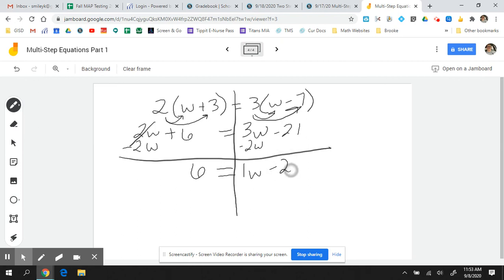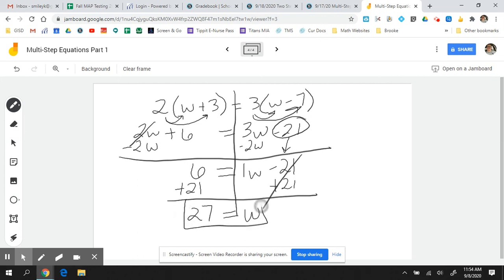And I'm going to bring down my minus 21. Remember, I have to bring down that minus sign with it. It goes with the 21. In order to solve, I just need to add 21 to the left-hand side. I get 27 equals 1w, or you can just write it as w by itself.